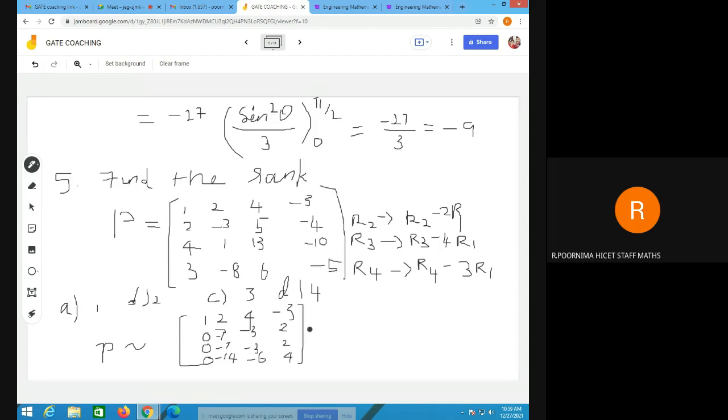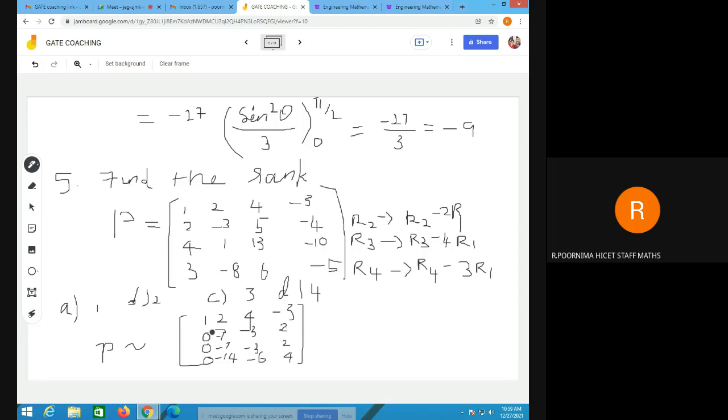Okay, you can see the second row and third row are both the same, no? So if you subtract row 3 from row 2, the third row becomes 0. Similarly, you can see row 4: 0, minus 14, minus 6, 4 is there. Second row: 0, minus 7, minus 3, 2 is there.